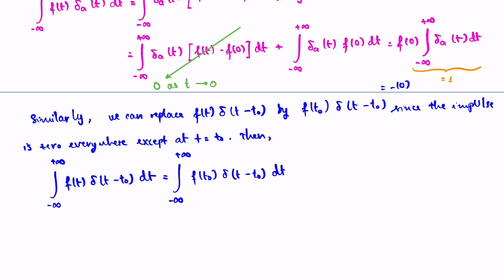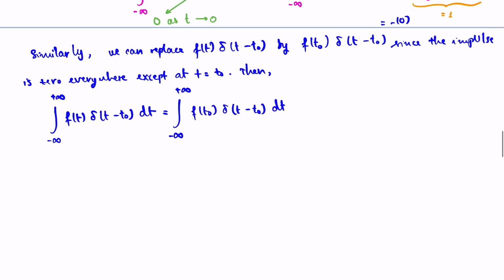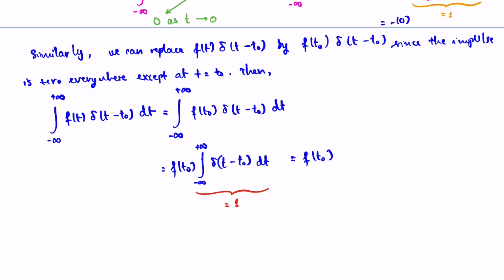And f of t0 is a constant, so you can pull that out of the integral, and you get f of t0 times the improper integral from negative infinity to positive infinity of delta of t minus t0 dt. And right here, this integral is equal to 1. Therefore, you're only left with the result f of t0.